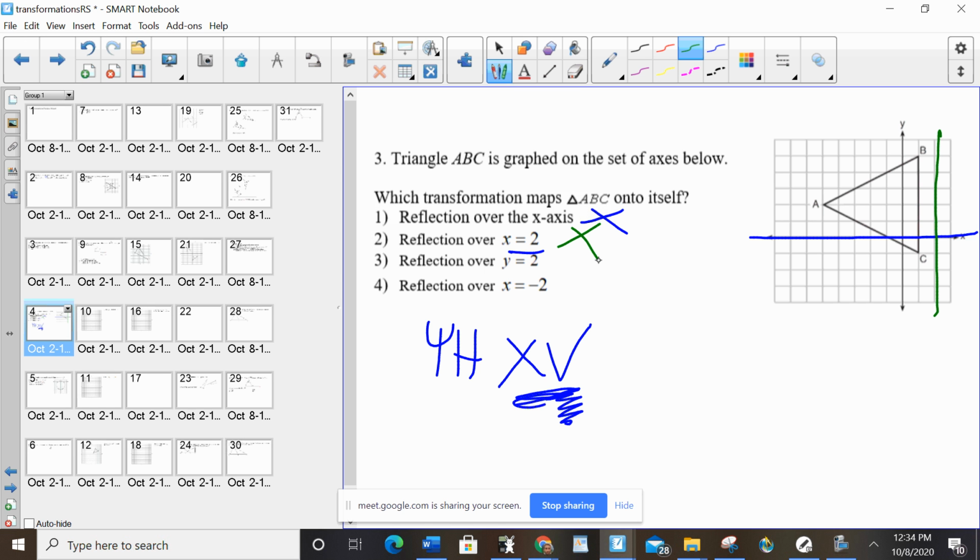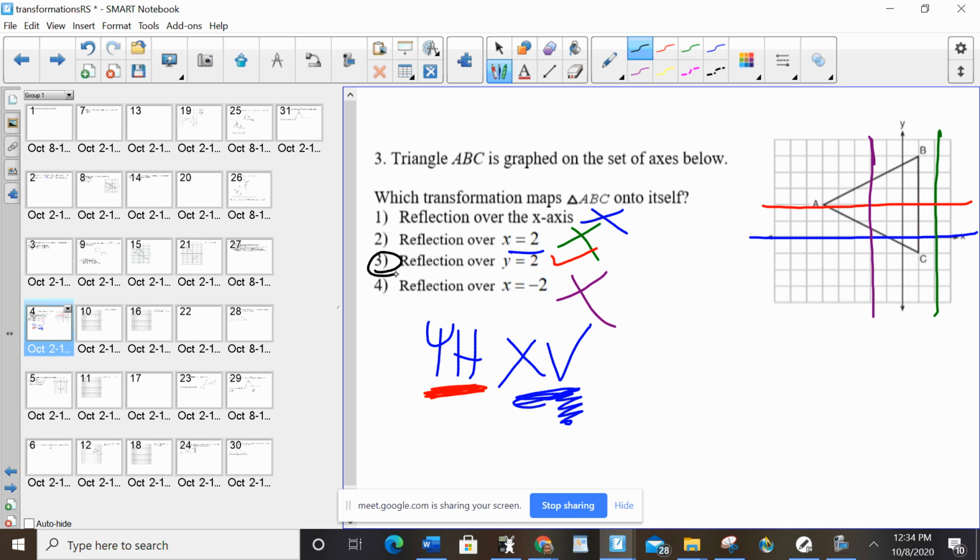No. Y equals 2. Y equals a number is a horizontal line at 2. Is that a line of symmetry? Is that cutting the shape exactly in half? Yes. X equals -2. That's a vertical line at -2. Does that cut the shape exactly in half? No. Your answer would be choice 3.